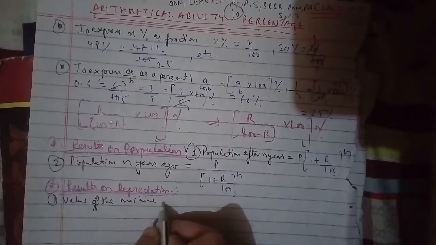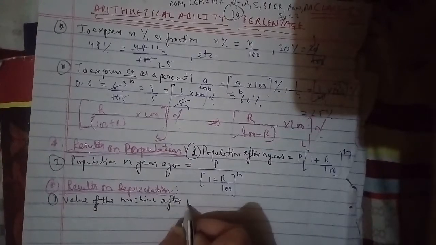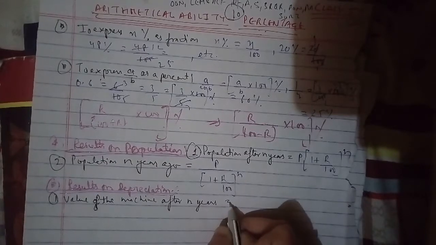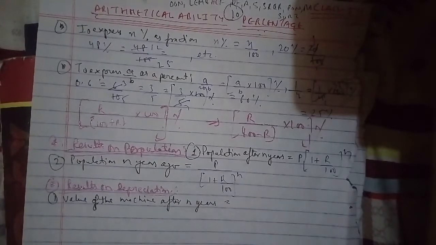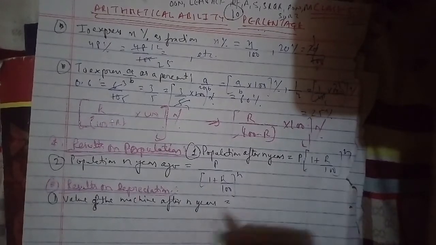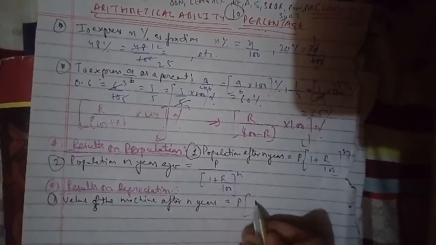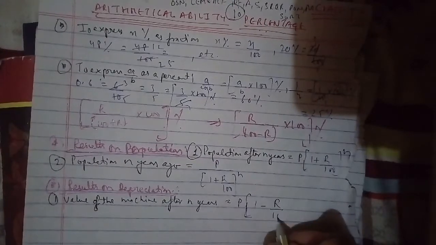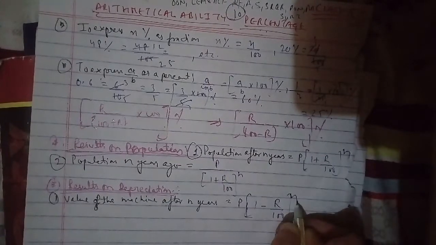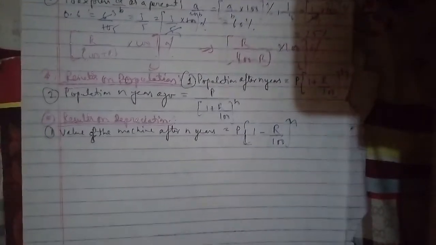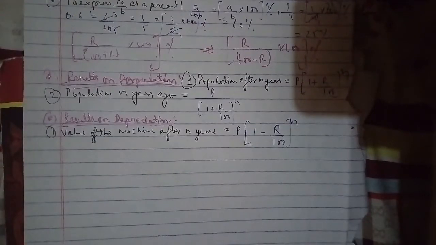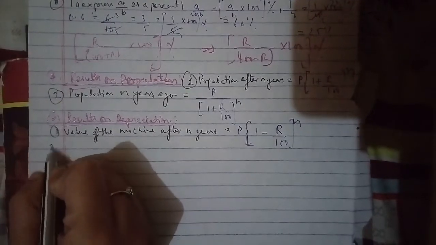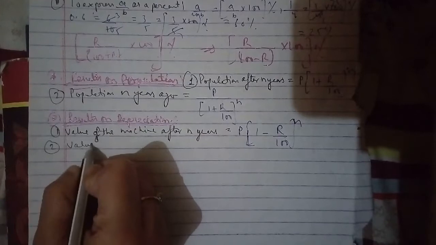Now for the value of the machine n years ago, it is represented as P upon (1 - R/100)^n.